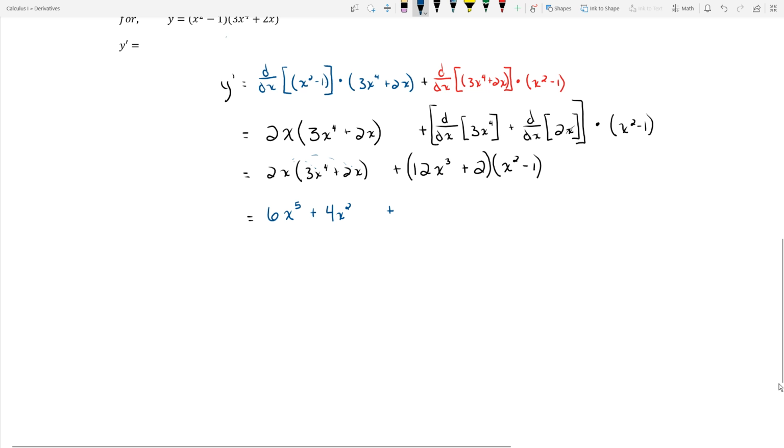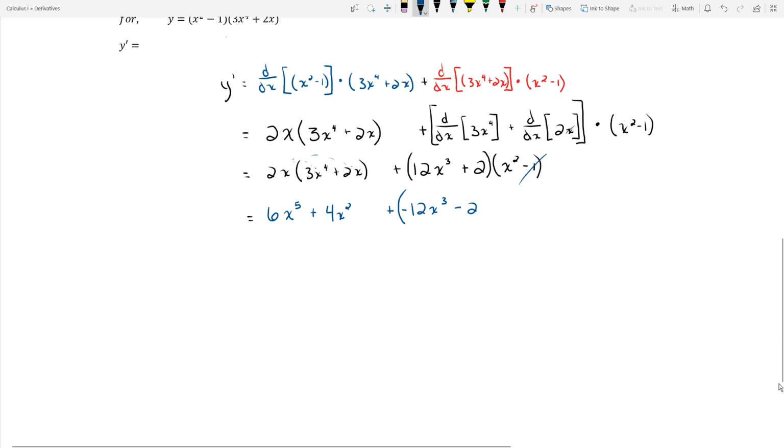Plus, and then we're just going to FOIL this out. You can rewrite this if it's more comfortable, but I'm just going to work from right to left in my factoring. So I have -1 times 12x to the third, which is going to give me a negative 12x to the third, and -1 times 2 is going to give me -2.